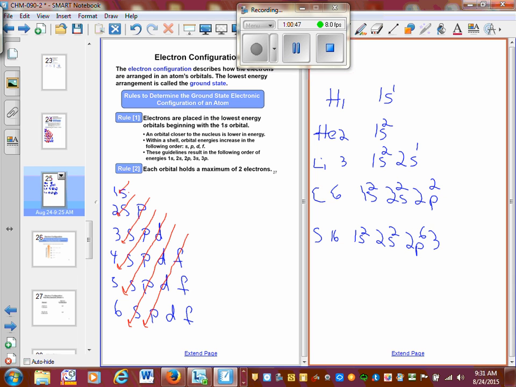So I've used up 12. 3p. How many go there? 4. I can put in 6, but I only have 4 left. 2 plus 2 plus 6 plus 2 plus 4 is 16. So that's the electron configuration for sulfur.